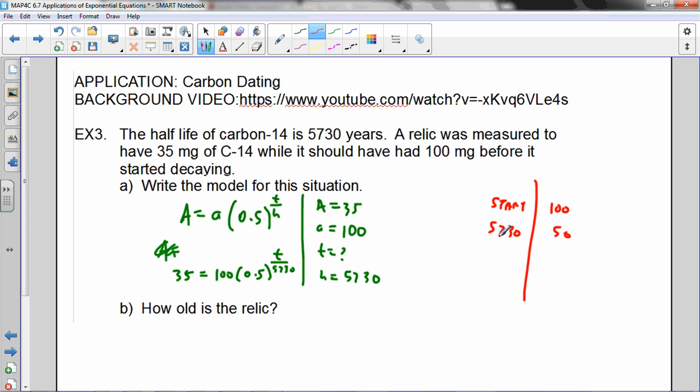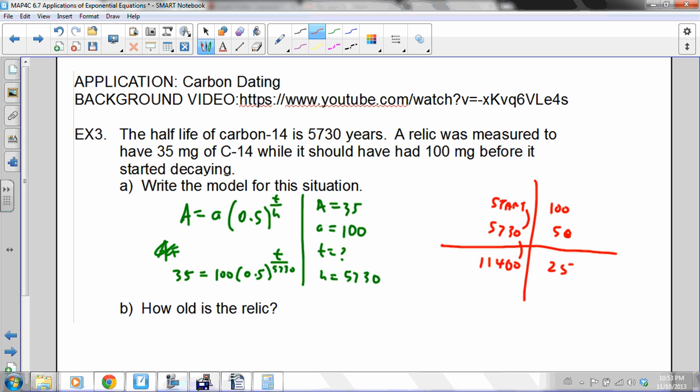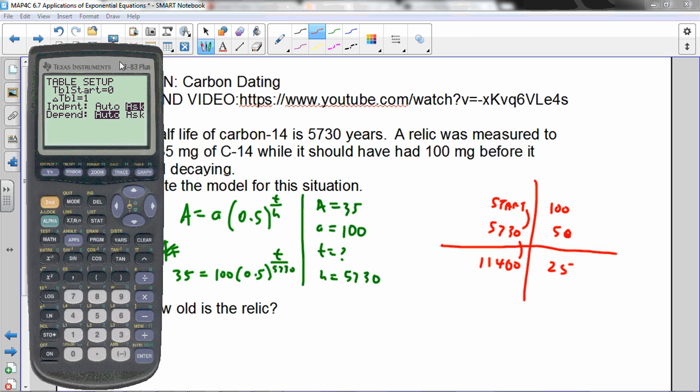Another 5,700 years, which, what would that be? That'd be like 11,460 or something, another half-life away. That would be 25. So it's going to be a long time, right? This is going to be somewhere in here, 7,000 years or something. And so if we went up by ones, that wouldn't be very good.